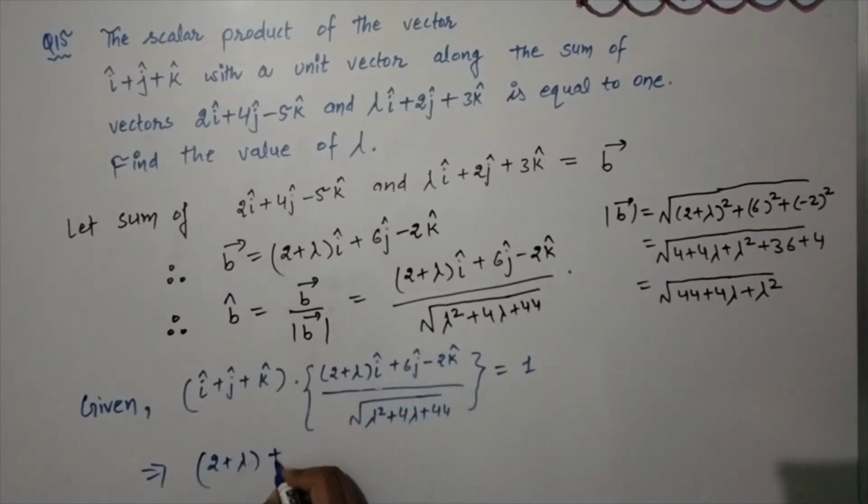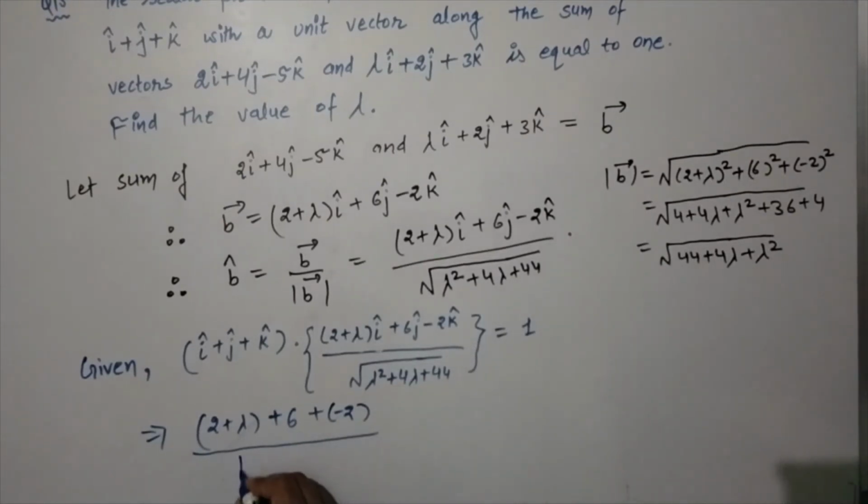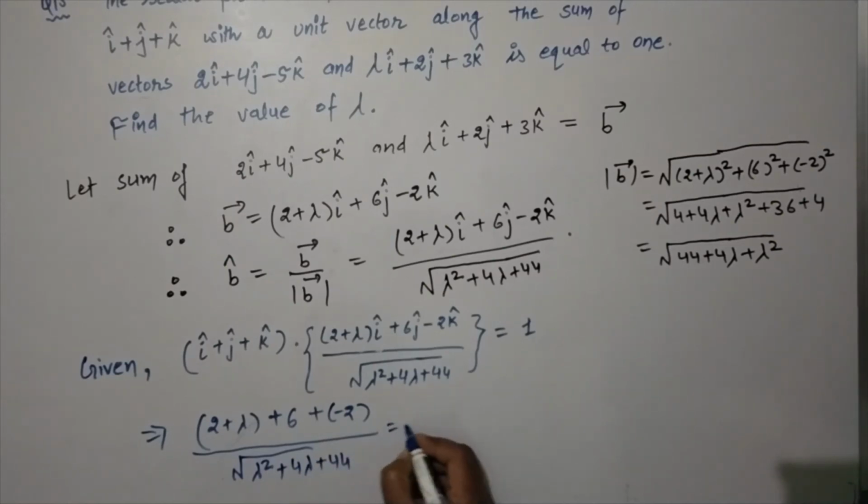Coefficient of i dot product, that is 1 into 2 plus lambda becomes 2 plus lambda, plus coefficient of j is 1 into 6 is 6, plus coefficient of k is minus 2, product is minus 2.